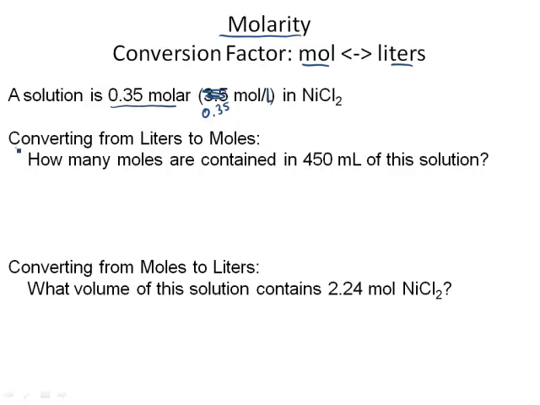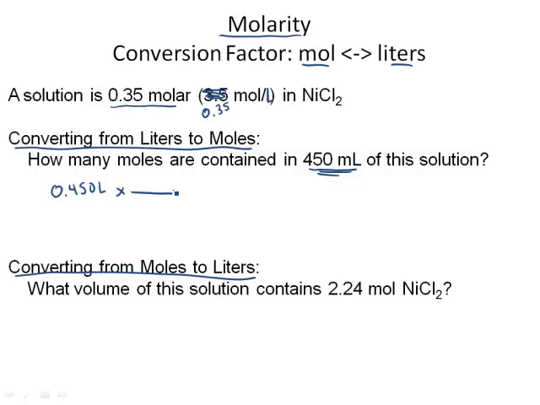There are two primary ways to use that: converting from liters to moles or from moles to liters. So start from liters to moles. If you have 450 milliliters of that 0.35 molar solution, how many moles of nickel chloride are there? The first thing you always do is convert that to liters, so it's 0.450 liters. Then you use your 0.35 moles per liter as a conversion factor.